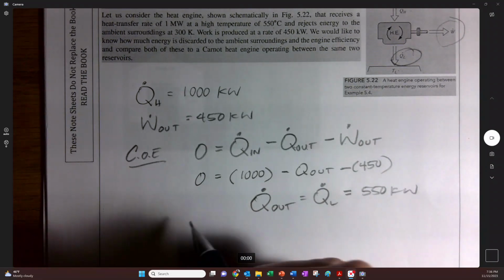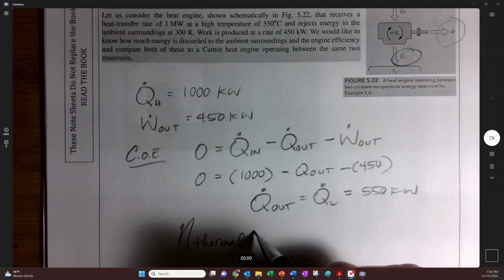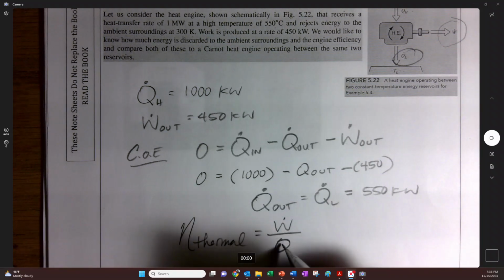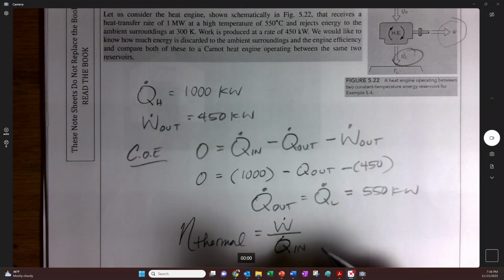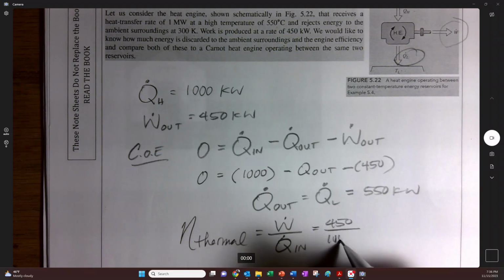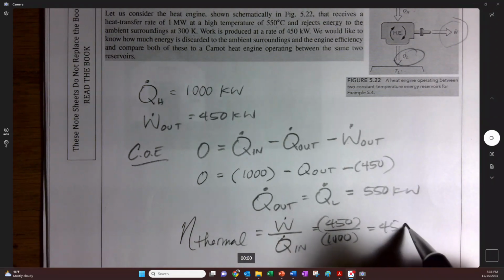So we want the thermal efficiency, and that's just going to be W dot over Q dot in, right? So 450 divided by 1,000, and we get 45%.